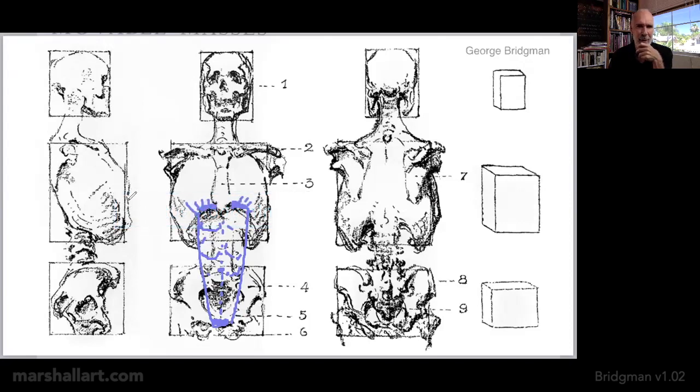If we go over here, we're going to see that it goes like this. Hey, everybody, look how that line alone starts to make this figure look fleshed. Isn't that incredible? A few little lines of muscle, and it starts to look human.